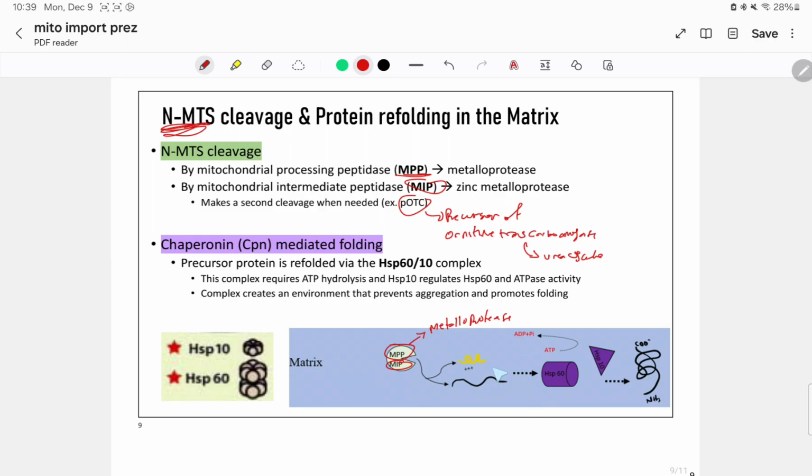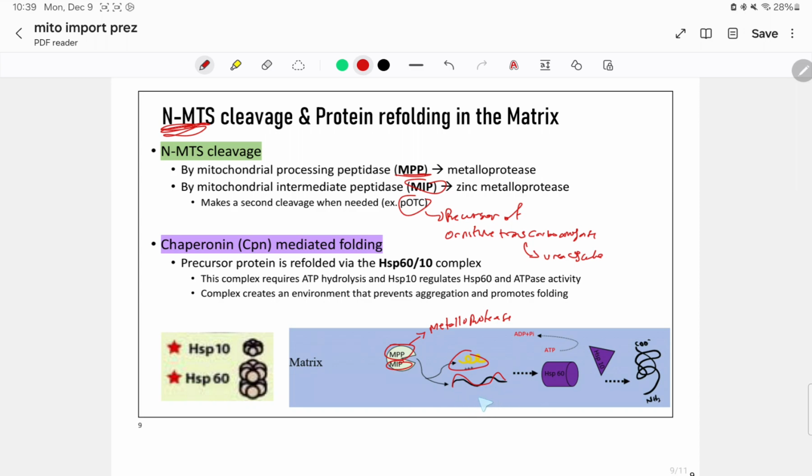After which, what happens to this? So here it is. Here's that protein that we had, right? Here is the actual protein, and here's the NMTS. That NMTS will go off and get degraded, okay, by the mitochondrial intrinsic degrading system. And this protein will become folded.